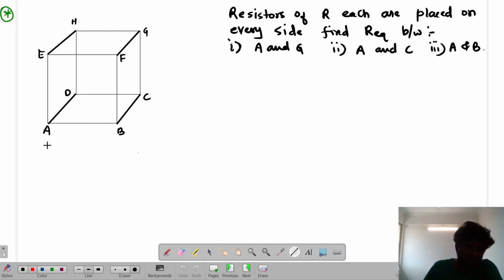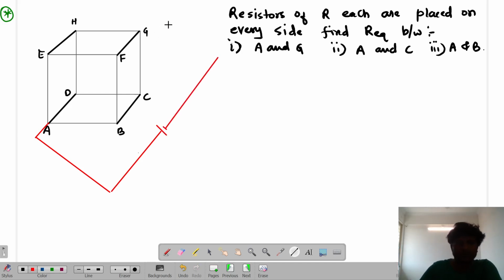So what you do? The first step is connect these things with the battery. Suppose they are connected with a virtual battery, which is providing some current through it.